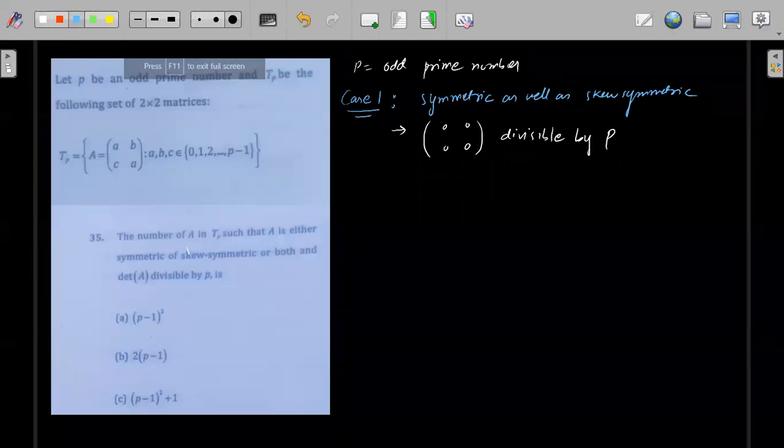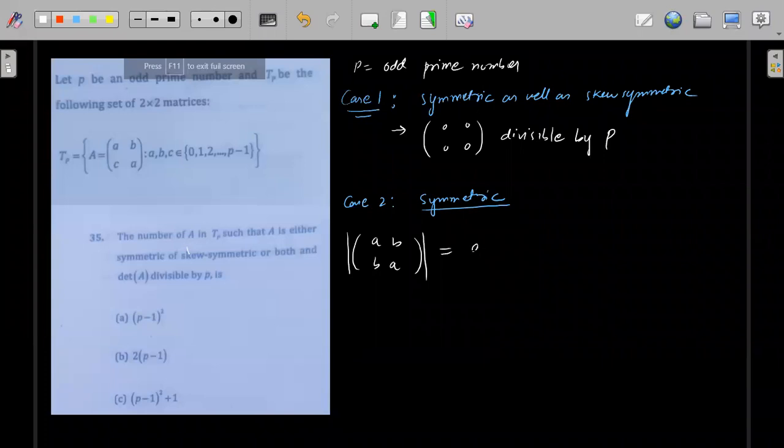The second case was symmetric. In the symmetric case, we can form the matrix with a and b, so the determinant of this matrix will be a square minus b square, which we can write as a minus b into a plus b.